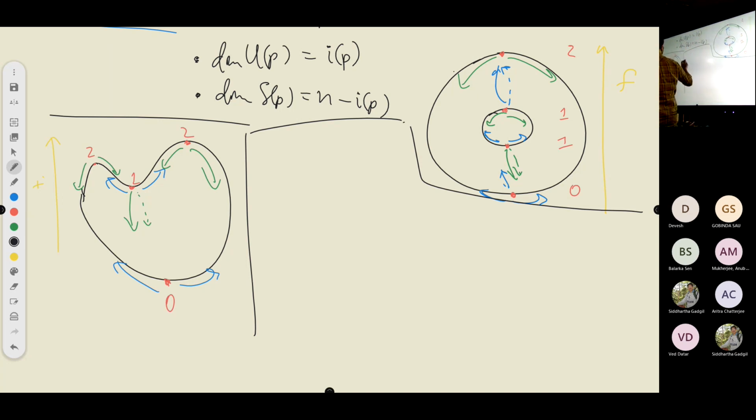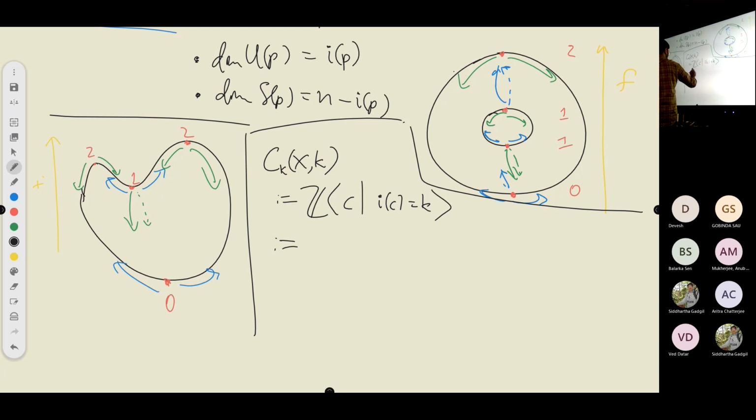So my chain complex that I'm going to form is going to be the free abelian group generated by critical points with index equals k.